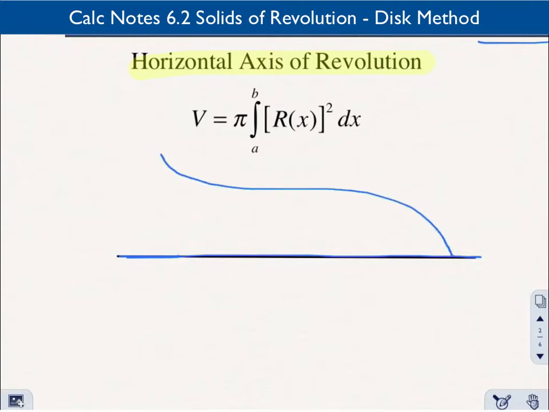And we're going to call this function capital R of x. And we use the letter R because it's going to stand for a radius. And we want to find the volume from A to B. So we'll just call A right here and B right here.